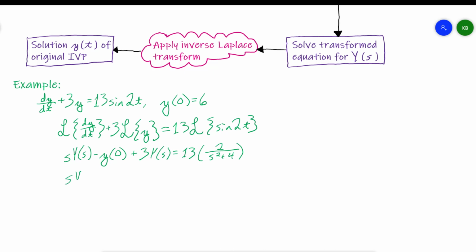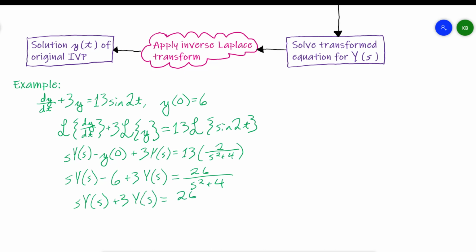So this is really s capital Y of s minus 6 plus 3 times capital Y of s, and it equals 26 over s squared plus 4. Adding 6 to both sides, I get s times Y of s plus 3 times Y of s equals 26 over s squared plus 4 plus 6.